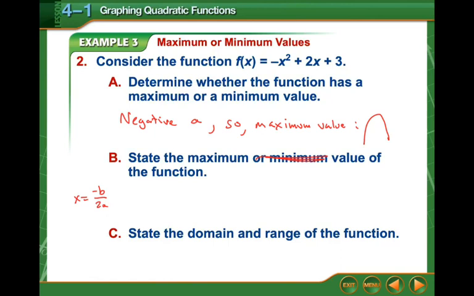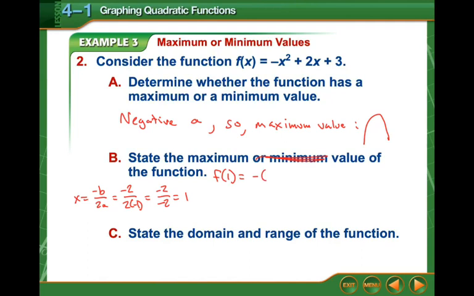So we have a b of 2, so negative 2, over 2, and our a is negative 1. So that's negative 2 over negative 2, or positive 1. So we plug that back in. We want to know what f of 1 is.